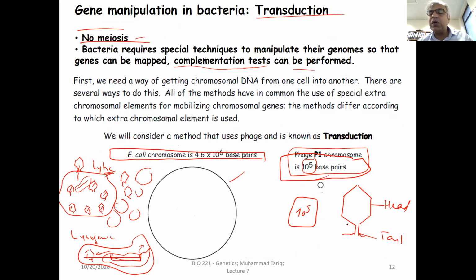These are specialized proteins which make this capsid, which we call the head. Now there is a size limit, and in this size only 10 to the power 5 base pairs of DNA can be packaged. We call this one head full. Clear?